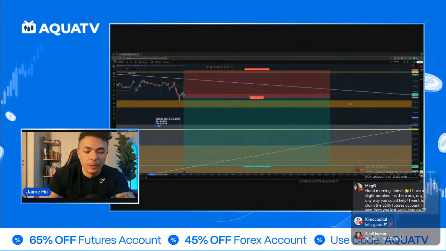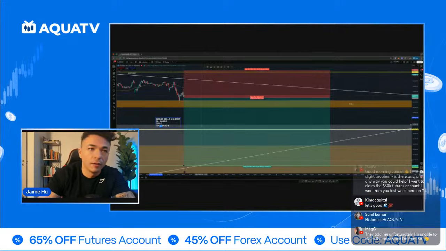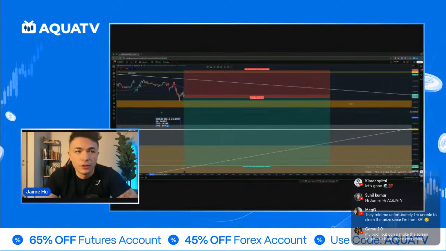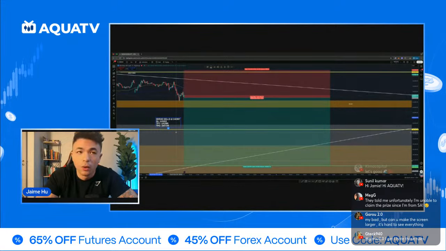That would be TP2. TP1, I would probably look at 24295. So with regards to TP1, TP2, you can either hold fully for TP2, or you can close half your position at TP1, then the remainder of your position at TP2.